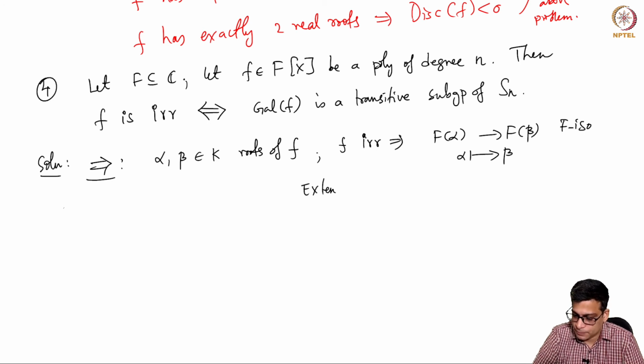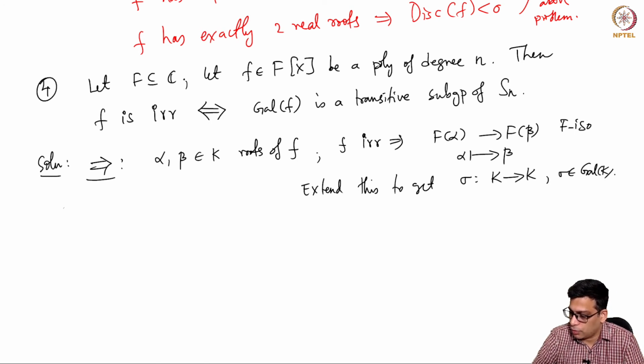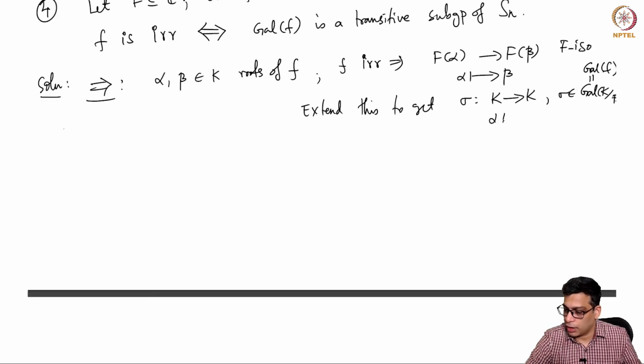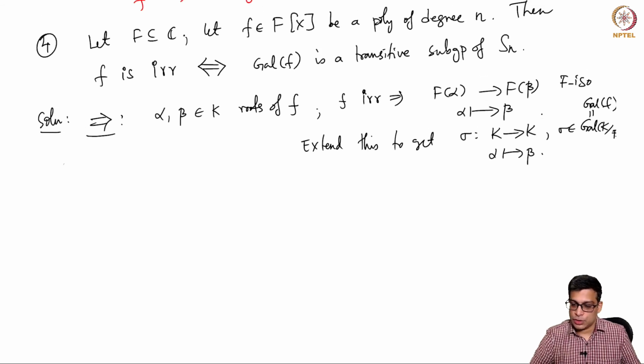Extend this to get sigma from K to K, sigma in the Galois group of K over F, which is of course the Galois group of f, sending alpha to beta. Okay, so G is transitive.